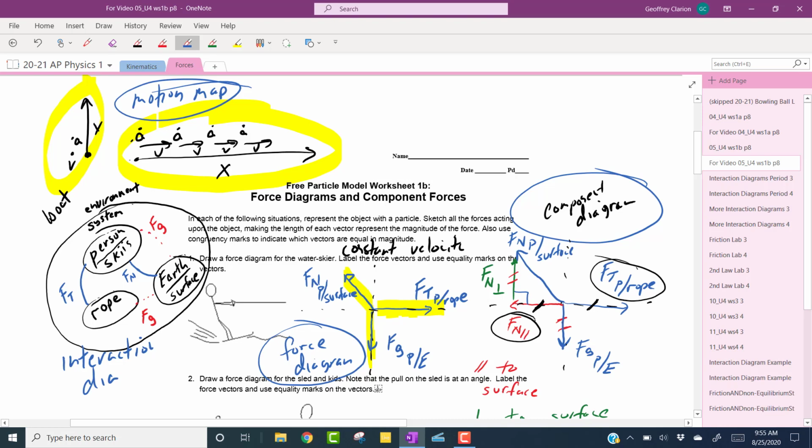You always have to draw the interaction diagram, the motion map, and the force diagram. We only draw the component diagram if there are any off-axis forces. For example, in this case, the normal force that the surface applies on the person.